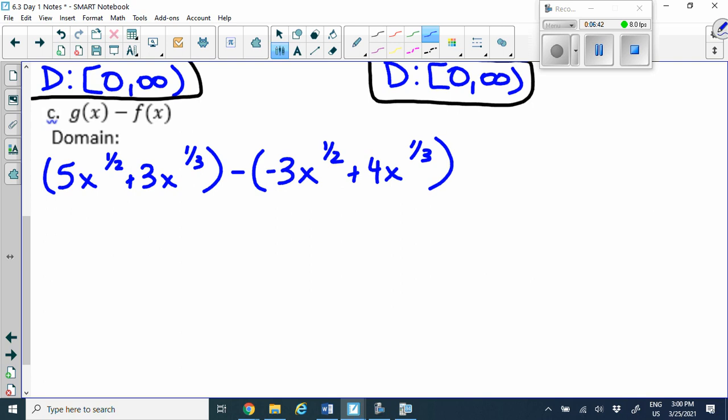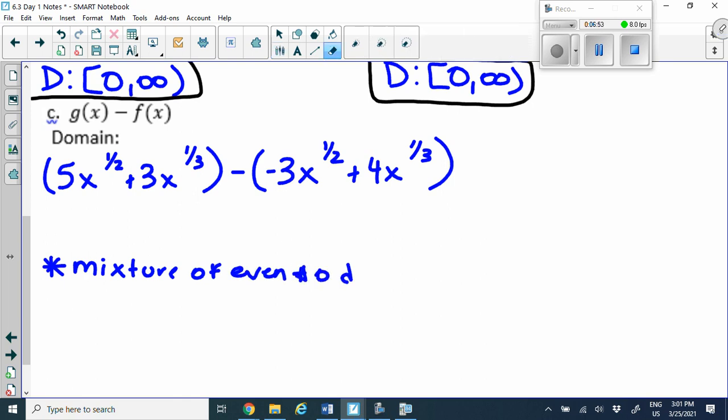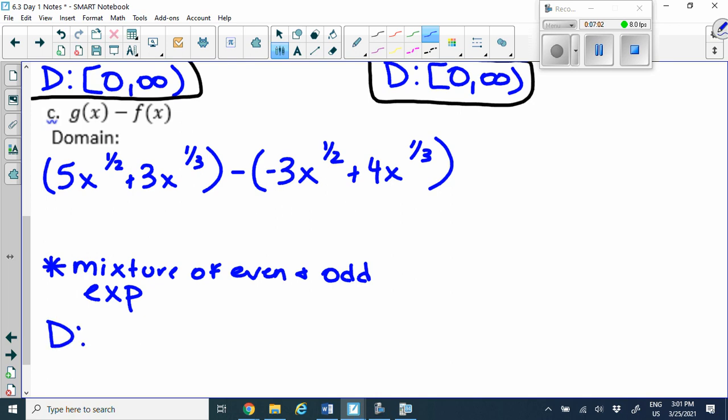Now, before I simplify, once again, we have a mixture of even and odd rational exponents. So that means my domain is going to be exactly the same as it has been for the past two. We're going to go from 0 to infinity.